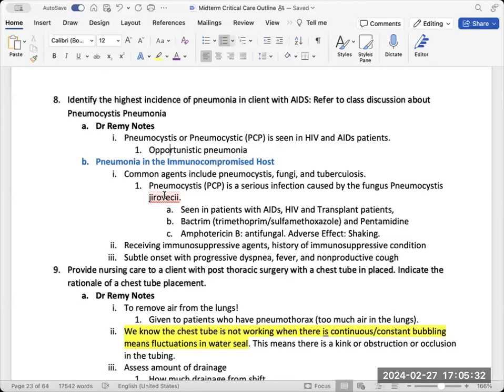I think the question is just going to be which type of pneumonia you would expect to see in an AIDS or HIV patient. We could also give Bactrim or pentamidine and amphotericin B. I'm probably butchering these medication names, but those are the types of medications we can give to a patient with this.